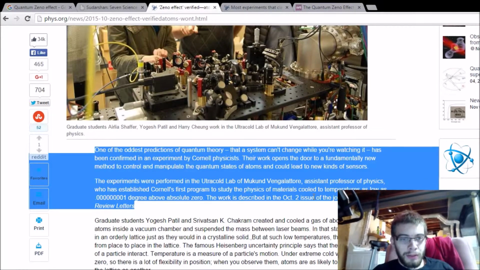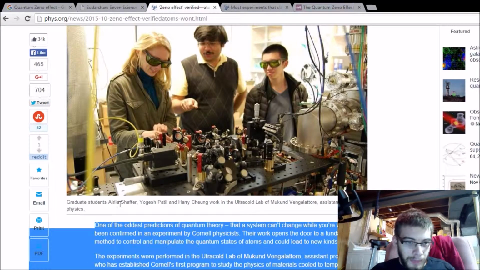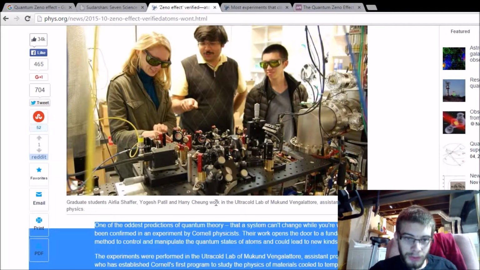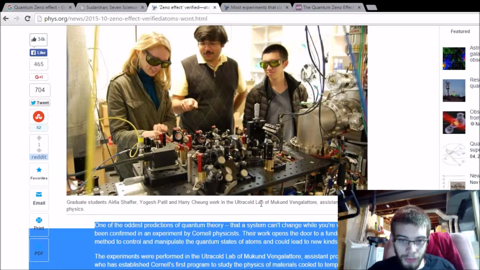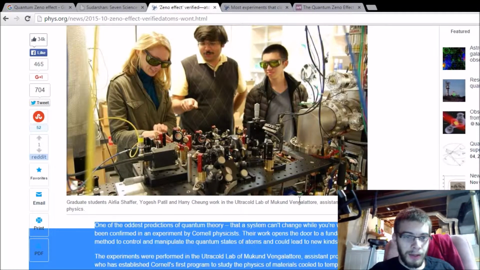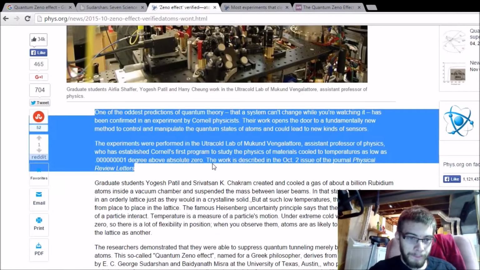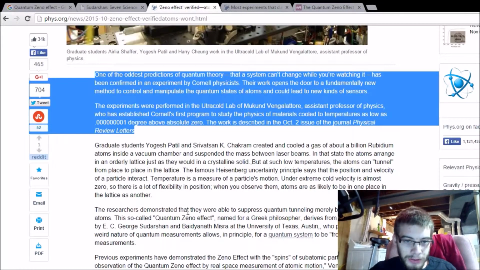Graduate students Adelia Schaffer, Yogesh Patil, and Harry Cheung, pardon me and forgive me if I didn't pronounce it right, work in the ultra-cold lab of Mukund Vengalattore, assistant professor of physics. So they're working in a laboratory to view these particles and test this theory.